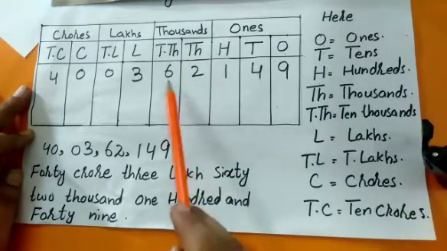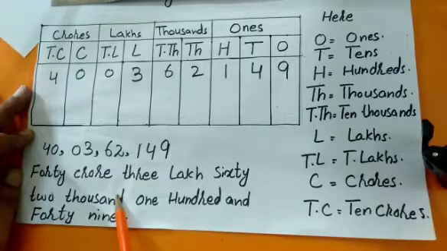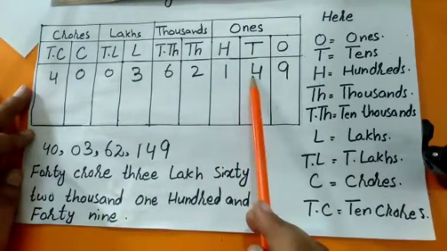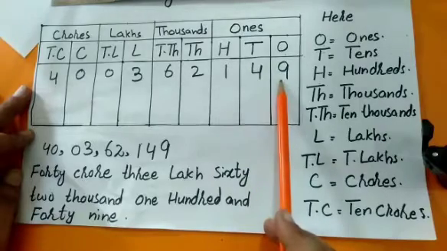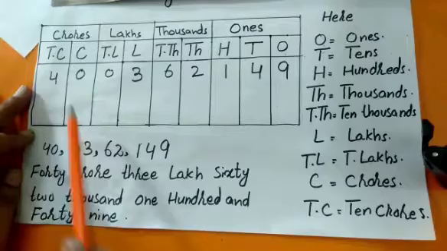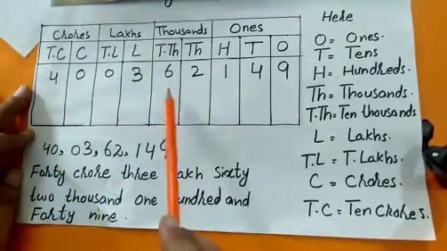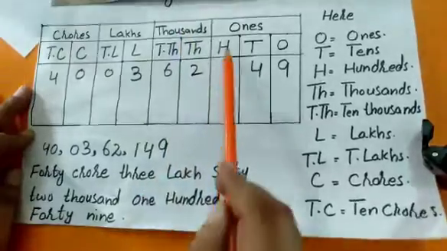In the thousand column we have 62, so I have written down here 62,000. In the hundred we have 1 hundred. Here 49 in the tens and ones columns, so I have written down here and 49. So the number is 40 crore 3 lakh 62,149.